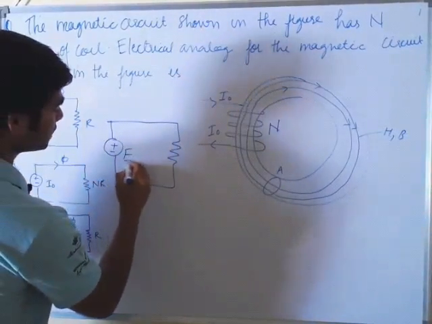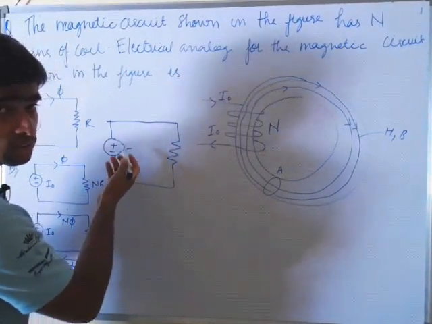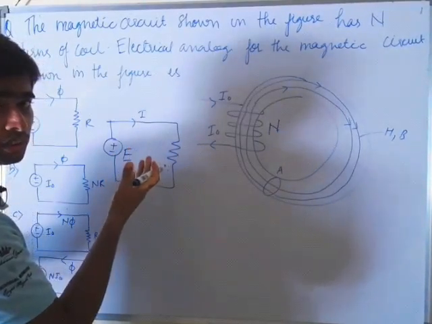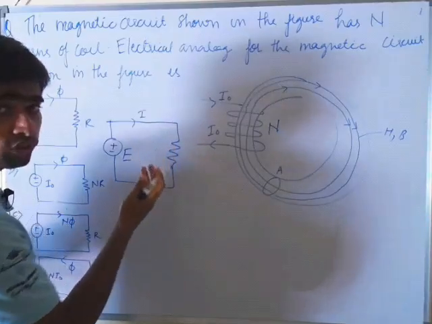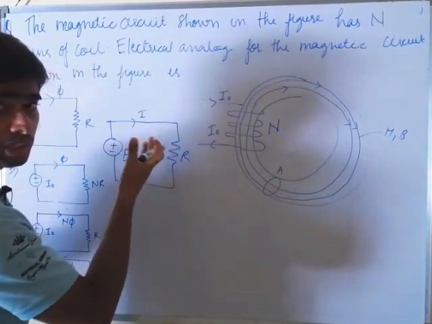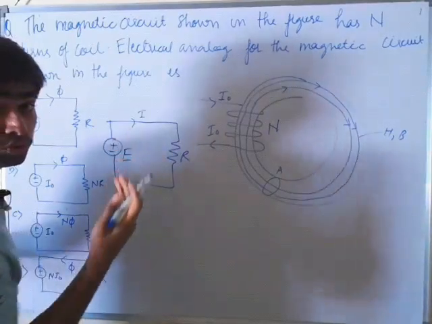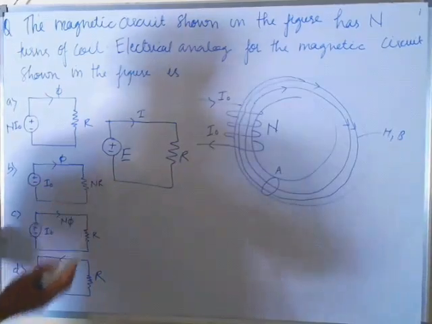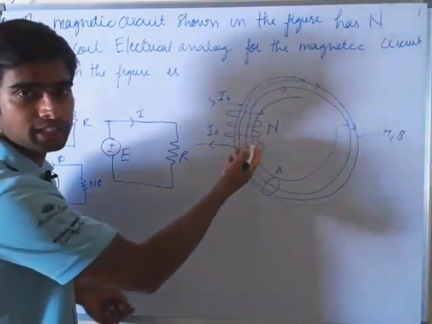This source produces a current. In order to limit that current, the wire offers some resistance. This resistance limits the current. In order to flow the current, we use wire. In a similar way, this is a magnetic circuit.